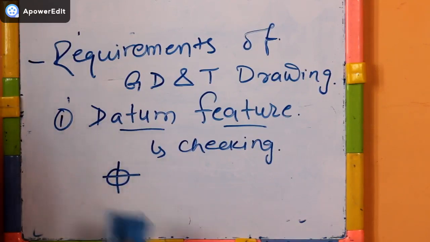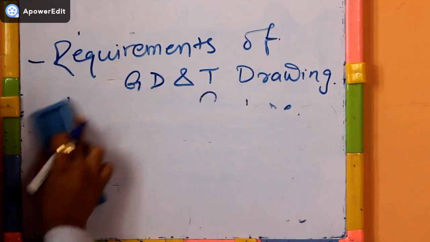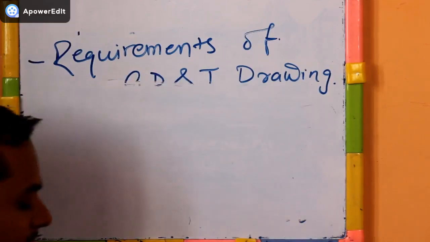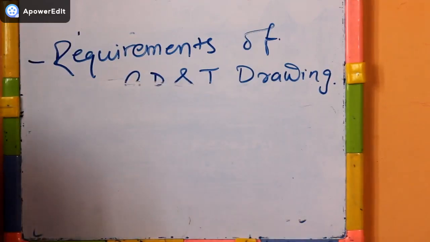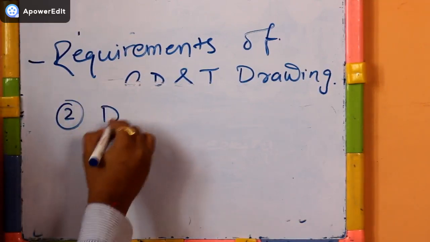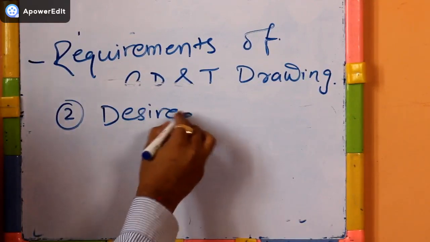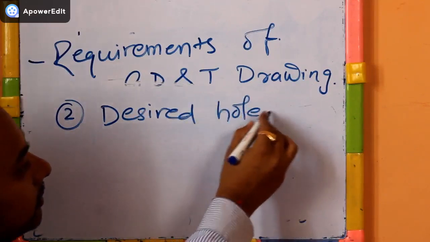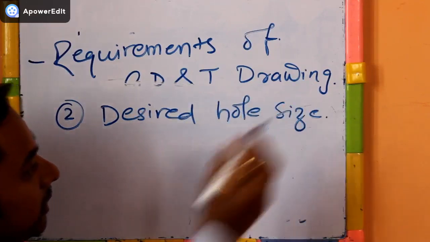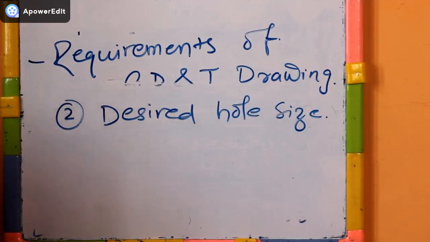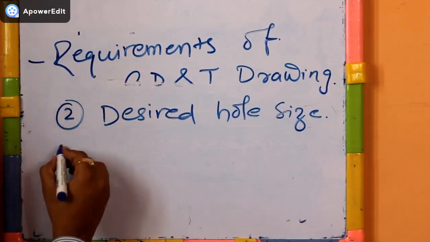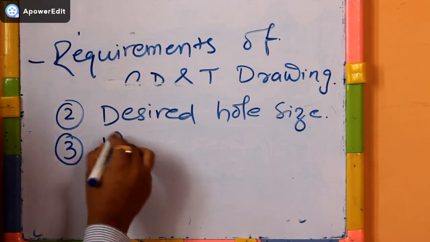The second requirement of a GD&T drawing after datum feature is desired hole size, because in that drawing the hole size was not mentioned. The third one is hole size tolerance.